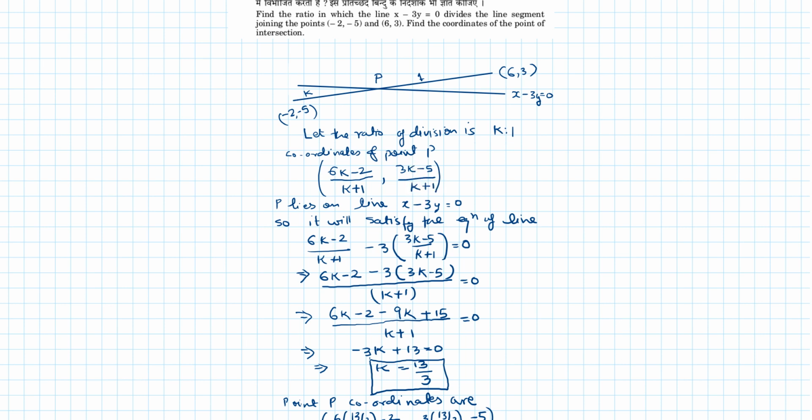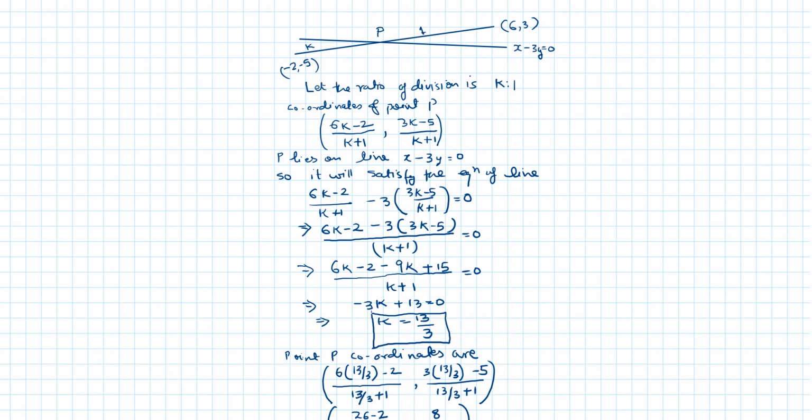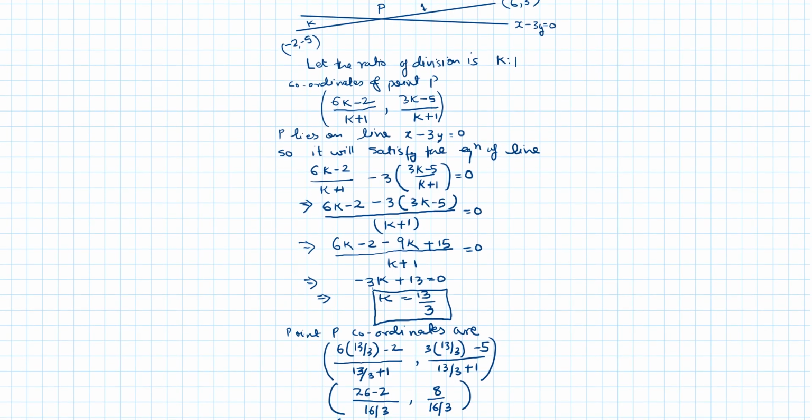Now the point P is a point of intersection, so it lies on the line x minus 3y is equal to 0. So the coordinates of point P will satisfy this equation. If we substitute the value of point P into x minus 3y, we get k is equal to 13 by 3.